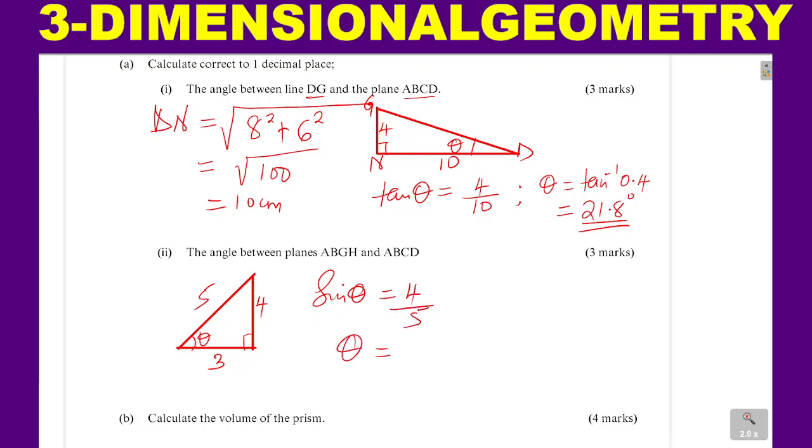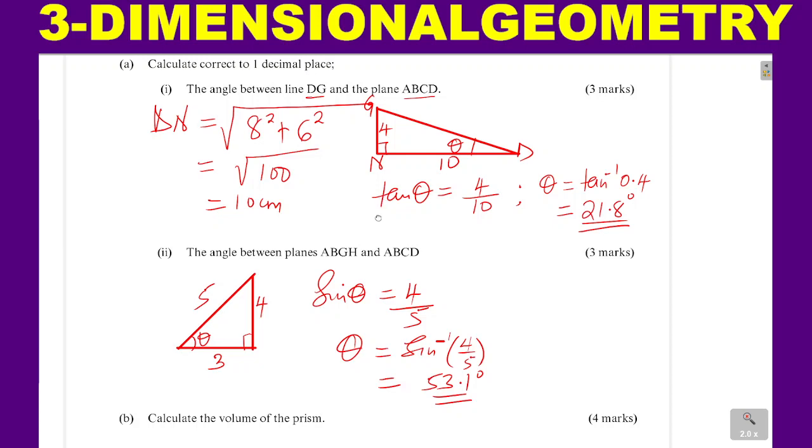So theta is obtained by taking the sine inverse of both sides: theta equals sine inverse of 4 divided by 5. Using a calculator, this gives 53.1 degrees. So that is how you get the angle between those two planes.